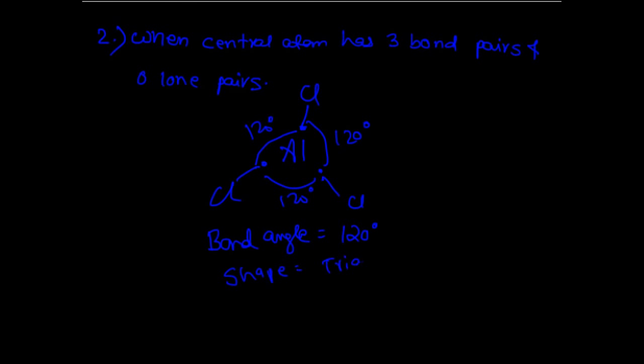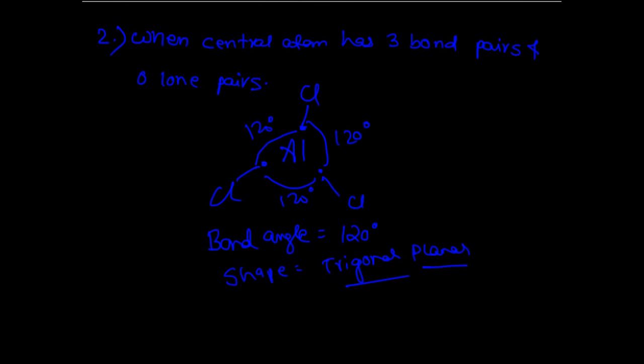trigonal planar. Now trigonal means triangular shaped, and planar means all of the atoms are in the same plane. So since they are in the same plane, the sum of the bond angles is 360 degrees, which is a complete circle. So 120 plus 120 plus 120 equals 360.